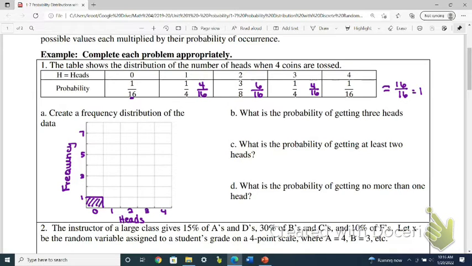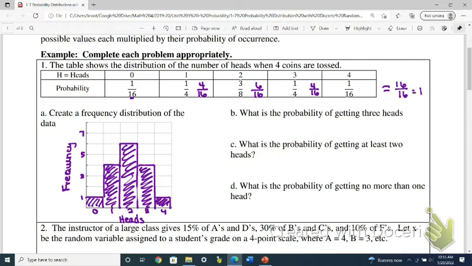So that's just going to get a 1. 1 head will happen 1/4 of the time, or 4 out of 16 times. So I'm going to put that up at 4 because when I am graphing frequency, I'm doing it all with the same denominator. 2 will go up to 6. 3 heads will be 4. And 4 heads will be 1.